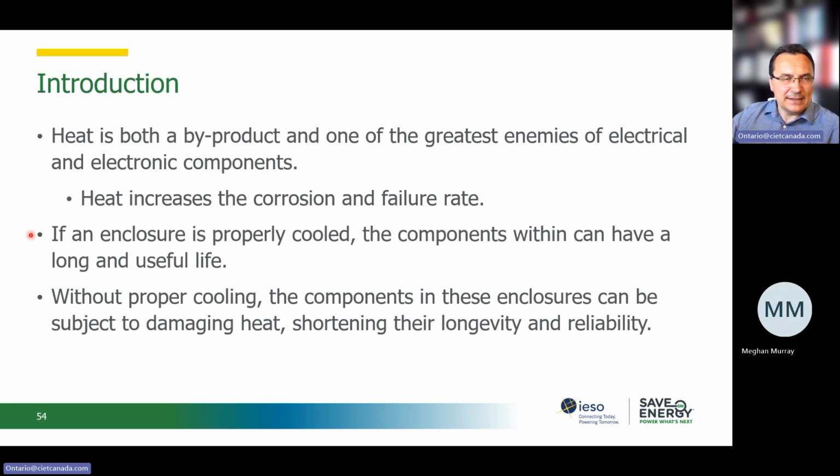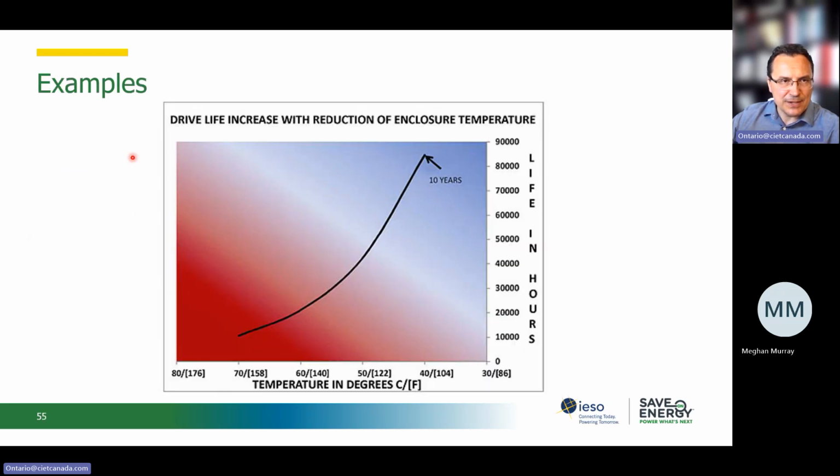So we need to design the systems in such a way that we can reject that heat properly, maintaining the parameters for the equipment, because otherwise the performance of the equipment drops quite significantly. And this chart here shows an example of the performance we expect from a device in our building that operates at higher temperatures over time.